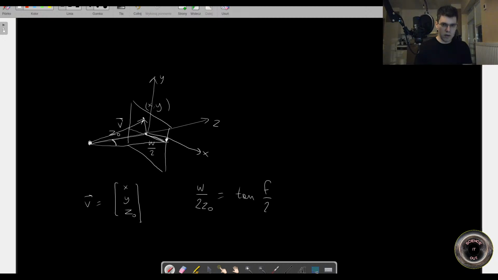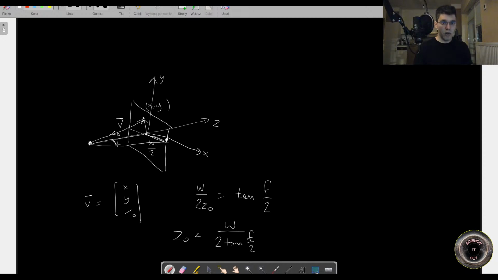So we can call it f half. Okay, and so from this we can basically say that Z0 is W divided by 2 tangent of field of view divided by 2. So that's how we can calculate it, and then we can use it to define vectors.